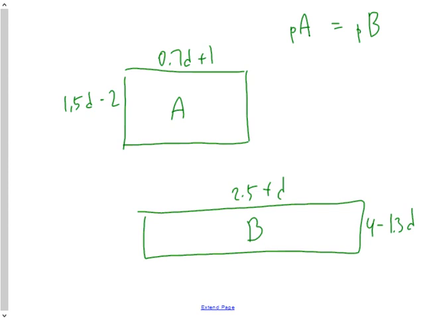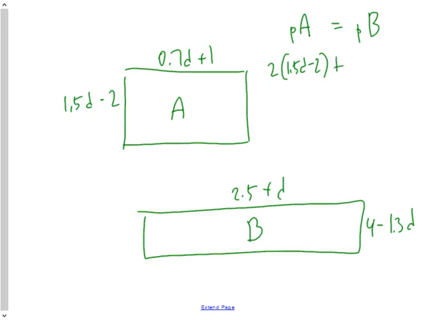So here's what I'm going to do. The perimeter of this will be 1.5d minus 2, because that's what's over here, and there's two of those. This one over here is also 1.5d minus 2. So you can either write it as the addition of two binomials, or you can say, hold on, that's just the same thing as taking that 1.5d minus 2 and multiplying by 2, because there's two widths, not one of them.